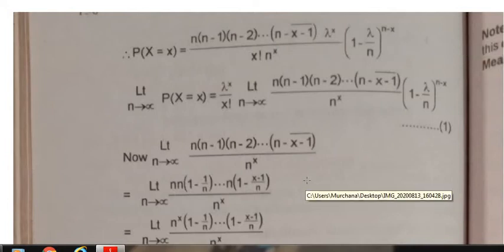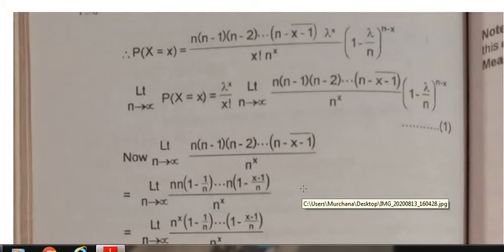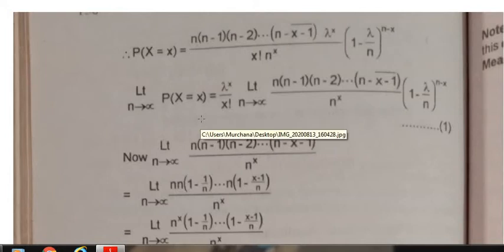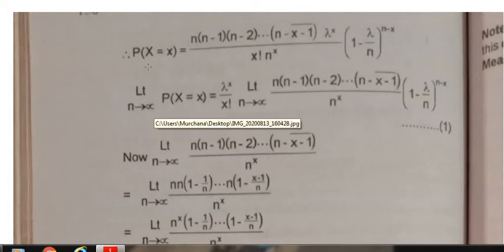In the Poisson distribution, n is very large, that is, n tends to infinity. Therefore, to obtain the probability mass function of the Poisson distribution, we must take the limit as n tends to infinity in the probability mass function of the binomial distribution, so we take the limit as n tends to infinity on both sides.